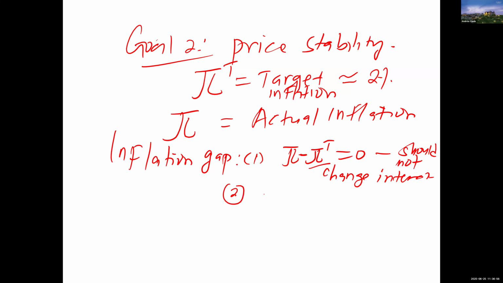But if actual inflation, pi, rises above the target, that means inflation becomes a problem like we've seen in recent times. It rises above the target inflation set by the Fed. The Fed is going to what? The Fed must raise interest rates, the federal funds rate.